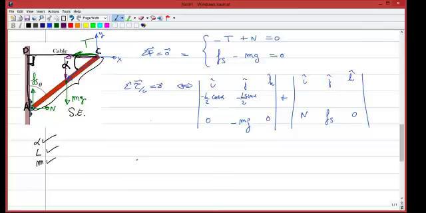So both should be negative. The x is the adjacent of alpha, therefore cosine. The y is the opposite to alpha, therefore sine. And then for Fs and N, it's obviously double that. Therefore L cosine alpha and L sin alpha. That's it.